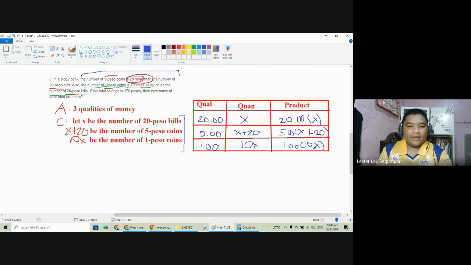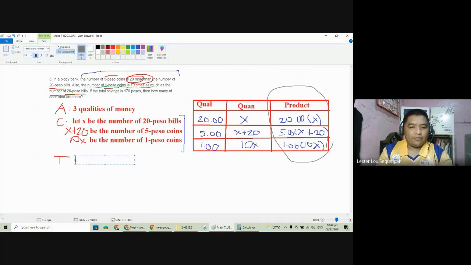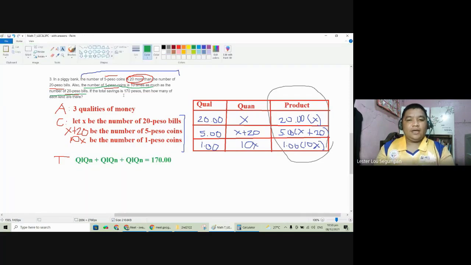Now that we have this, we can now translate them using this column here. Since we are going to have the product of each quality and quantity, there are three of them. Let me have here, like this, equal to 170. Why does it look like this again? Because you have the statement in the last part.